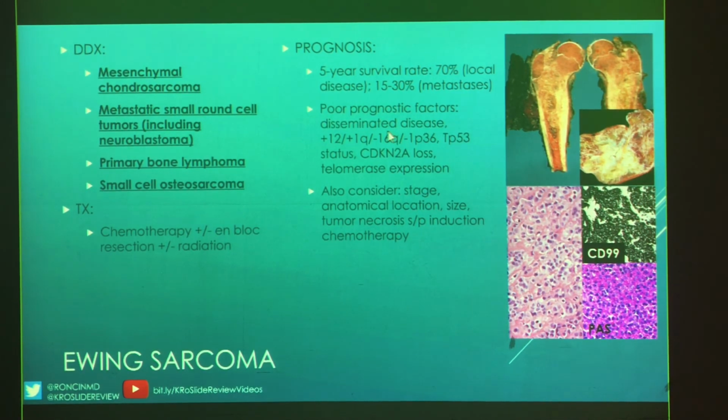Poor prognostic factors include, is it disseminated? If they have these abnormalities when you do molecular studies. And you also obviously have to consider what's the overall stage, what's the location, was there tumor necrosis after induction chemotherapy. There's a lot of things to consider with prognosis of these cases.